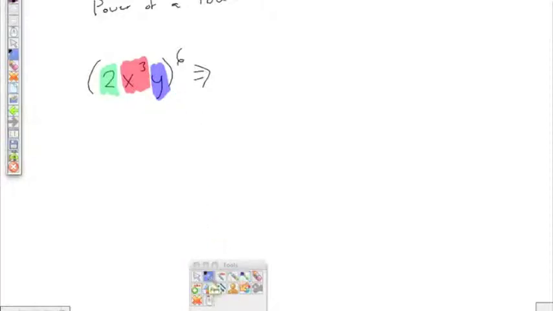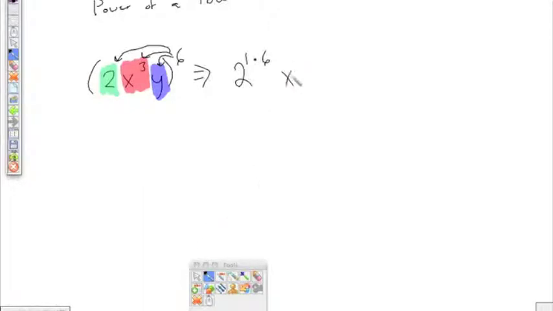And what's going to take place here, guys, is that this 6 must multiply with that exponent, and this 6 must multiply with that exponent, and this 6 must multiply with that exponent. So let me rewrite this for you so you can see what's taking place. Base number 2 to the power of 1 times 6.